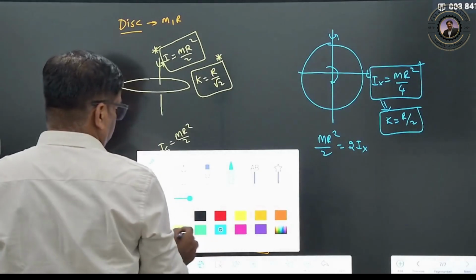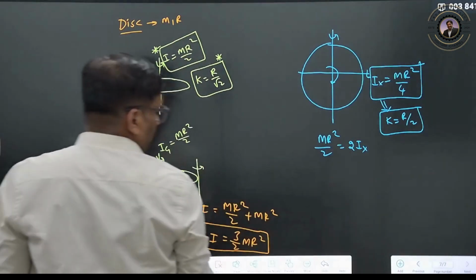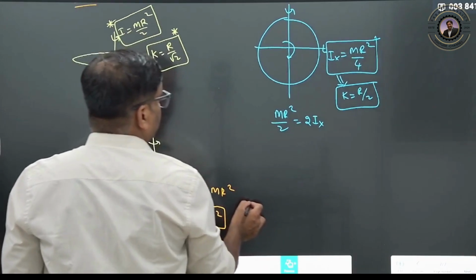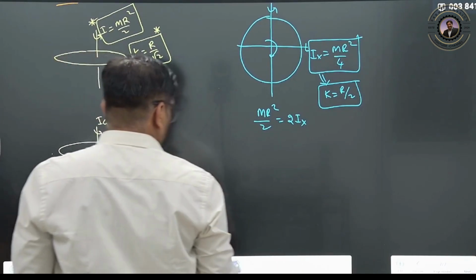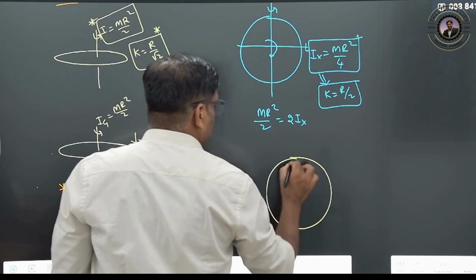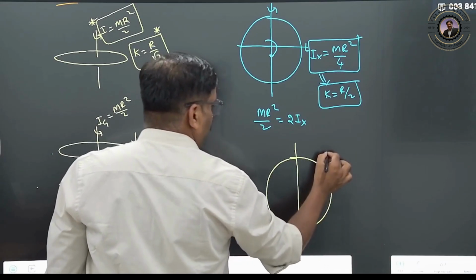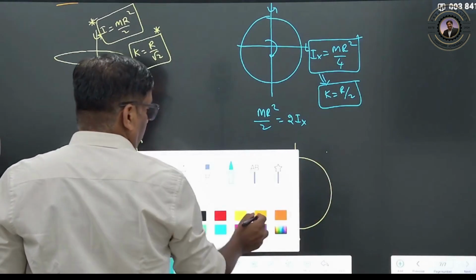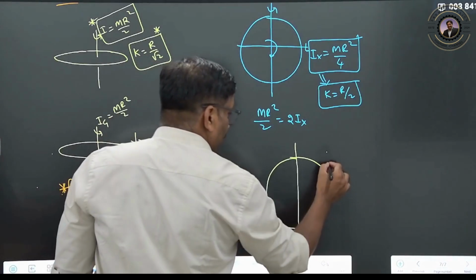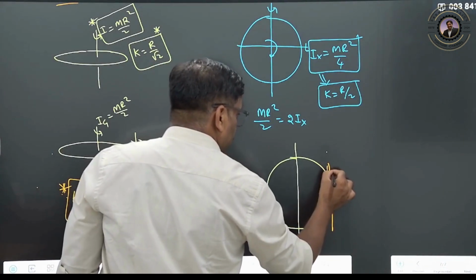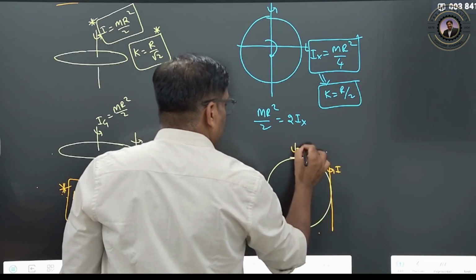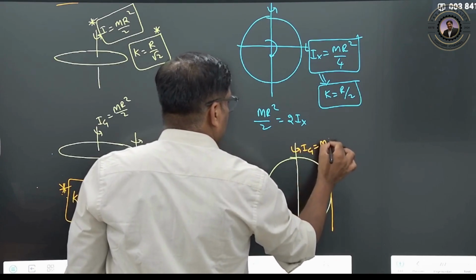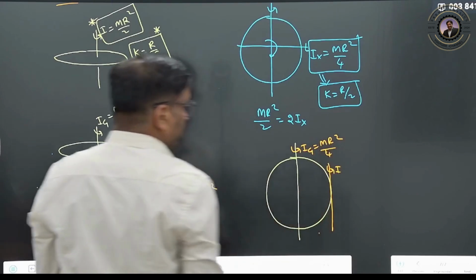Now we'll see. Here there is a disc, and here is a tangent. We can take it as one tangent. This is your I, and this is your Ig, MR squared by 4.